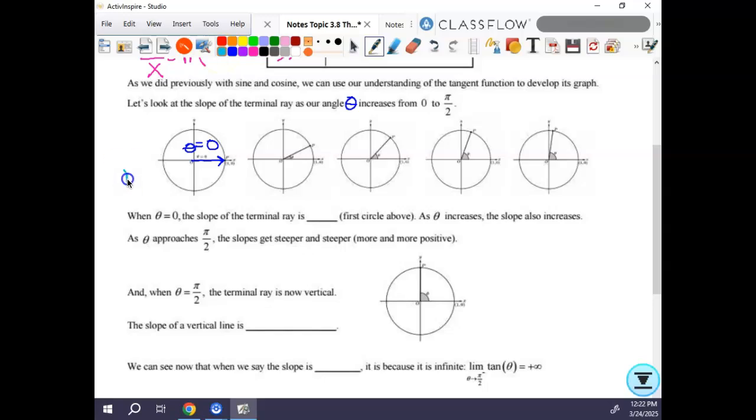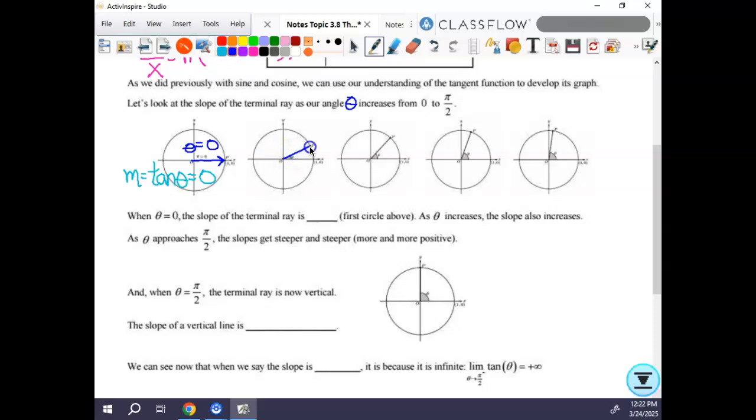So then the slope, which is the tangent of theta, this is a horizontal line. What is the slope of a horizontal line? Or what is the tangent of 0? 0, okay? The tangent of 0 is 0. The slope of a horizontal line is 0. They're one and the same, okay?